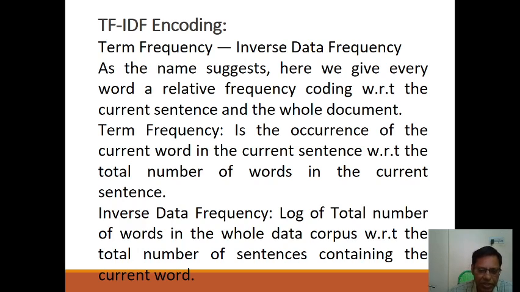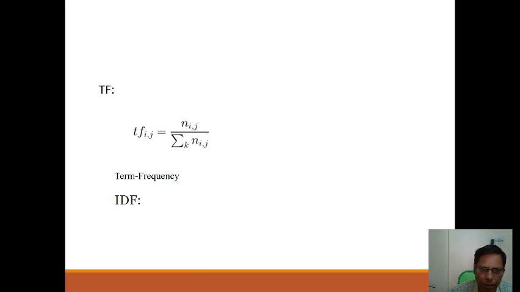Inverse document frequency is the log of the total number of sentences in the whole corpus with respect to the number of sentences containing the current word. The equation for term frequency is TFij equal to nij divided by summation over k of nkj.